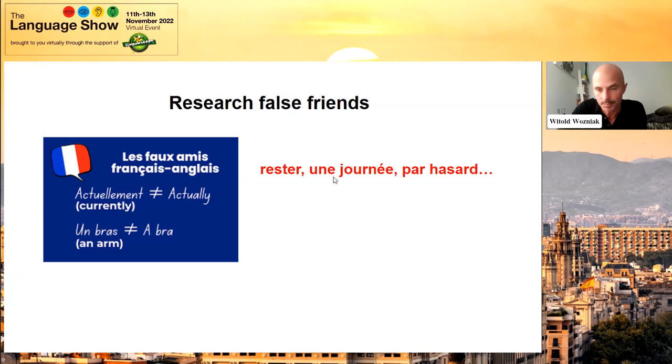So a classic, especially if you teach French, when you have to describe ta journée scolaire, and obviously most students are telling you how they are getting to school, or let's say what does par hasard mean. So it's good sometimes to tell them, okay, those are false friends. You have 5 minutes to find in a dictionary and tell me what they mean or why they are called false friends.